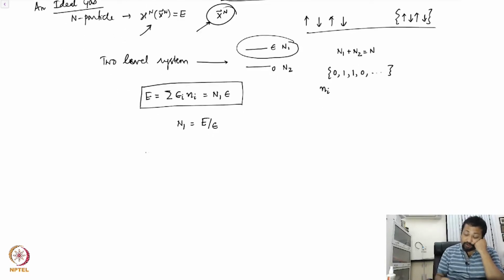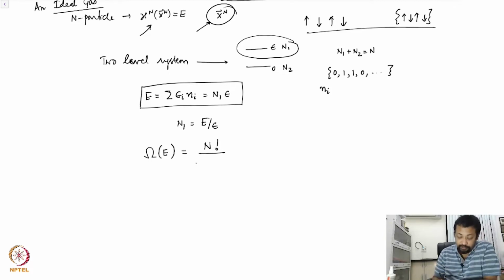Now I want to find out the total number of microstates. This is the case where my microstates are discrete, and I want to find the total number of microstates omega corresponding to this. So clearly this is a problem in combinatorics.